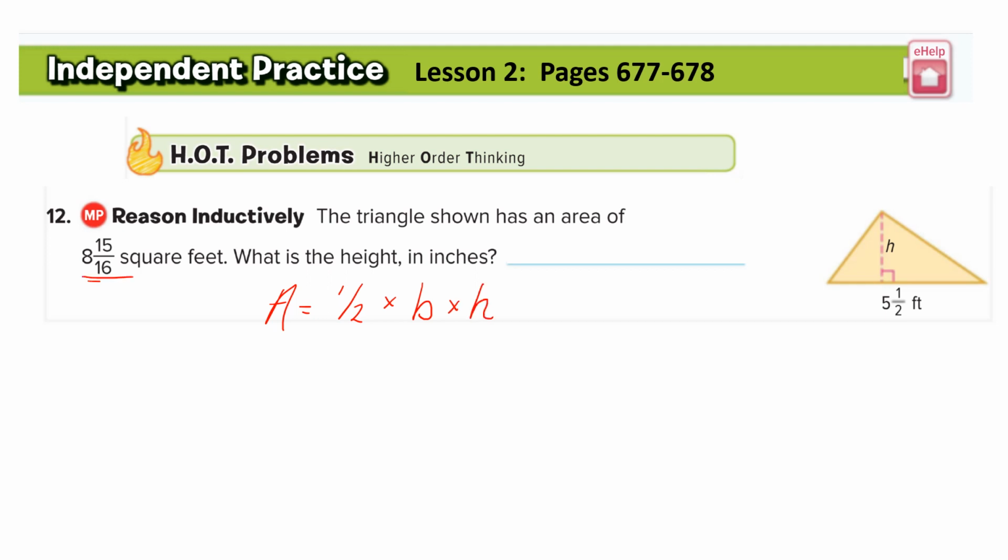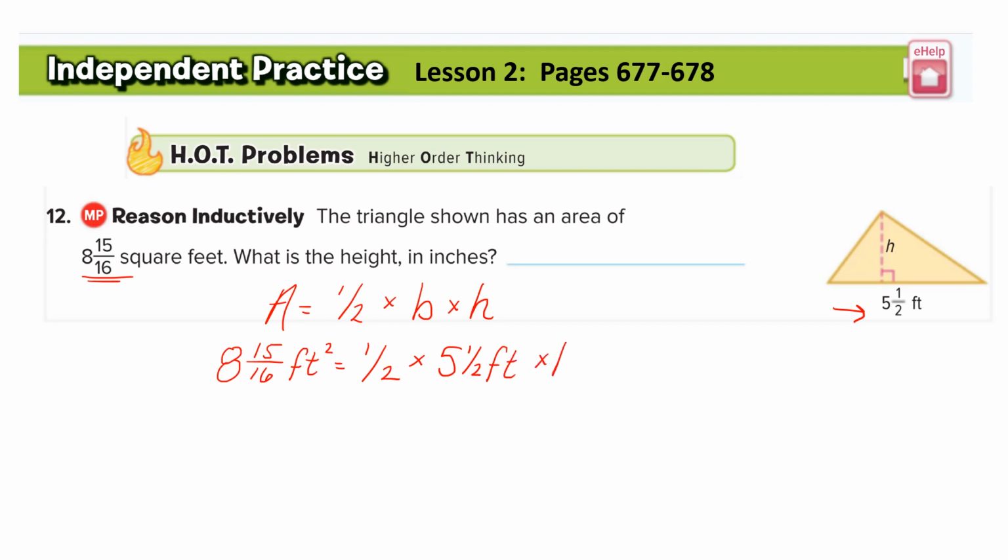So our area is 8 and 15/16 feet squared, equals 1/2 times the base, and the base is 5 1/2 feet.